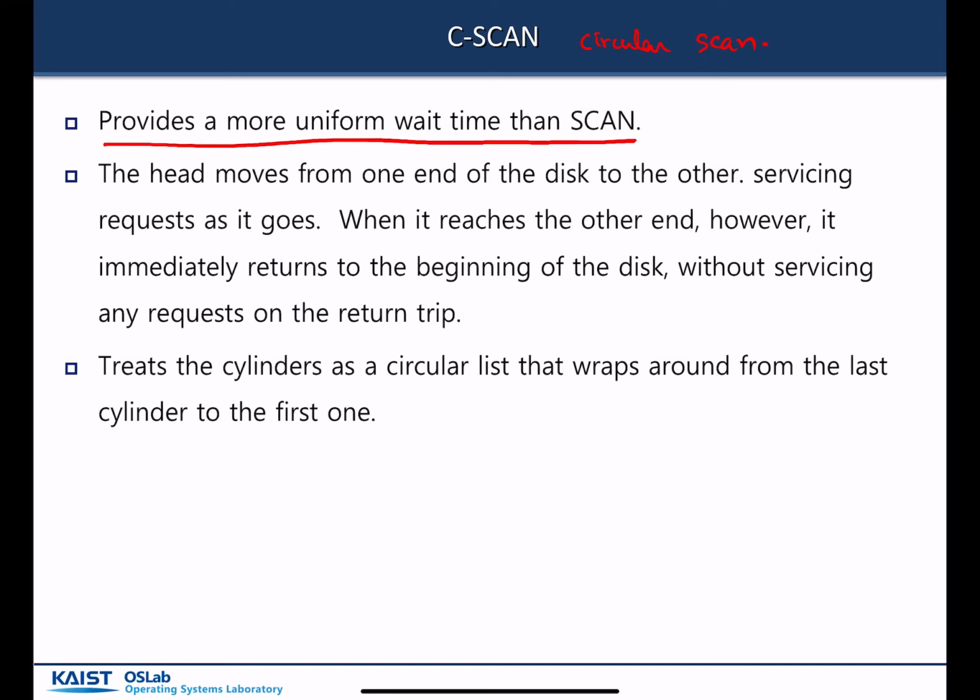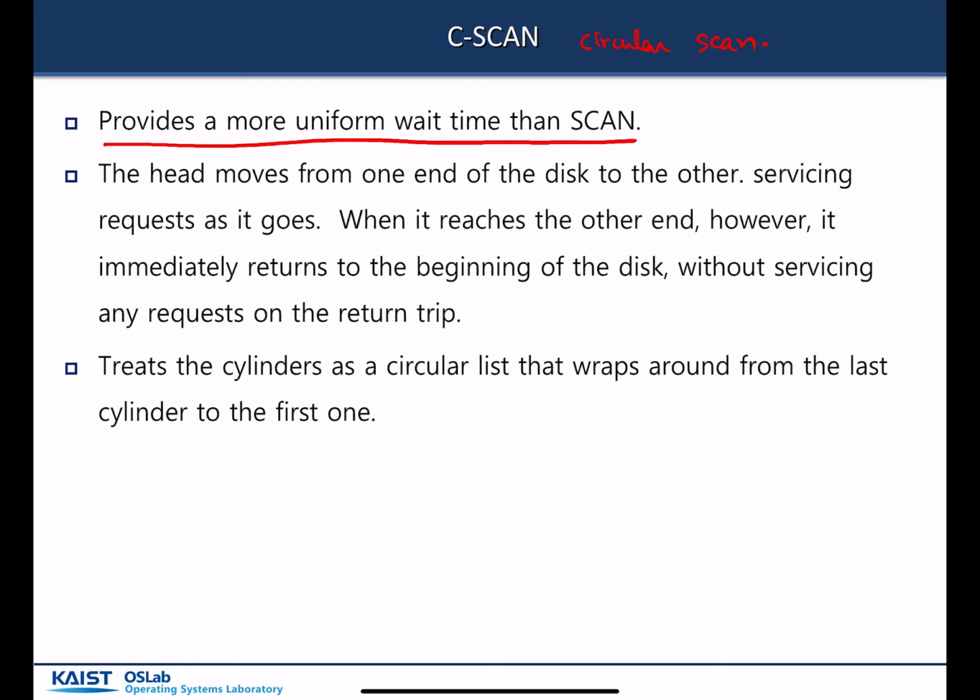The head moves from one end of the disk to the other and services requests as it goes, and when it reaches the other end it immediately returns to the beginning of the disk without servicing any request on the return trip. That is what C-scan is.